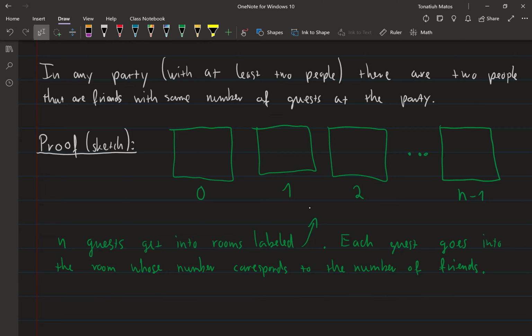Does this make sense? Are there any questions so far? Right now, it seems like this would still be possible, but where's the problem? There are n rooms and there are n people, so we cannot yet directly apply the pigeonhole principle. So what do we do?